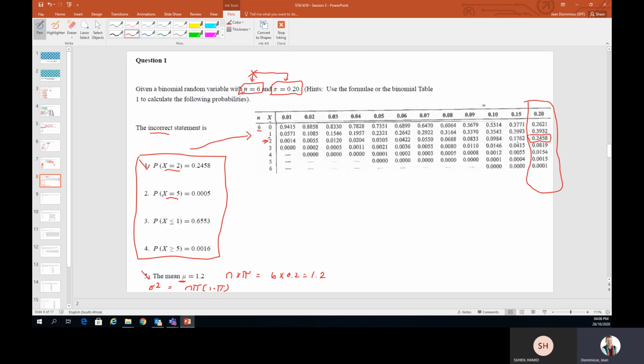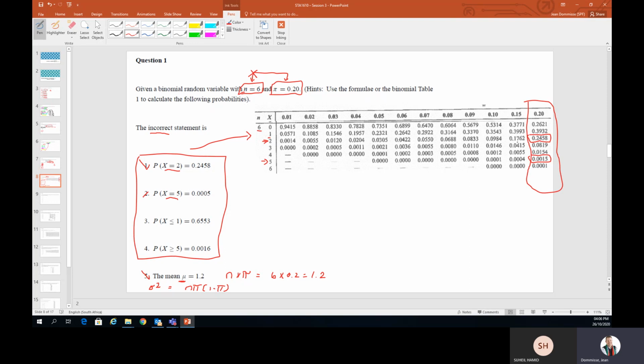Then we'll look at x equal to 5. It is 0.0015.